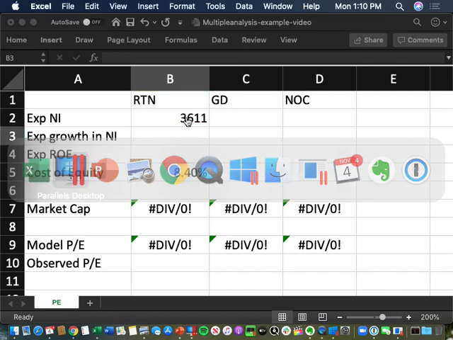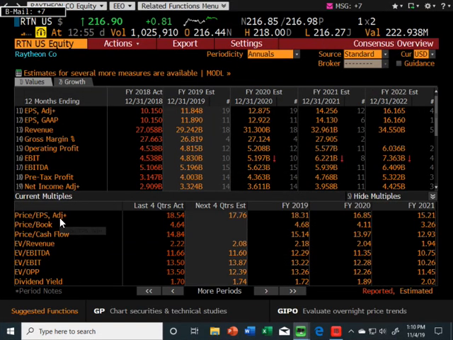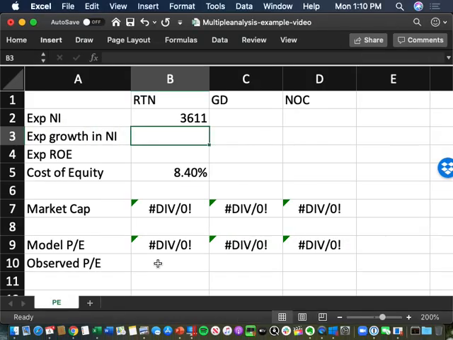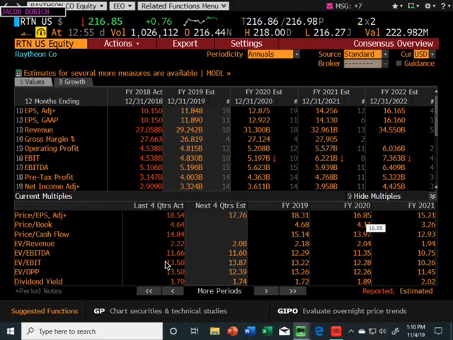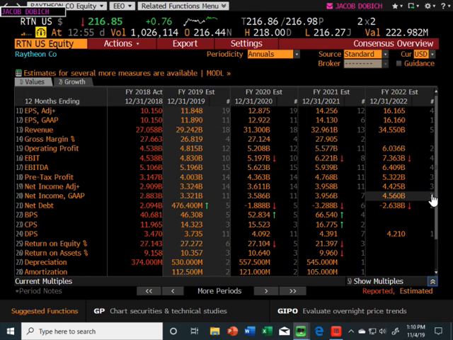Also, right under this, second forward year PE. Right now, adjusted PE, second forward year, is 16.85. So here, the observed PE in the real world is 16.85 right now. Also on this screen, if we scroll down or minimize, there are the analysts' forecast return on equity.